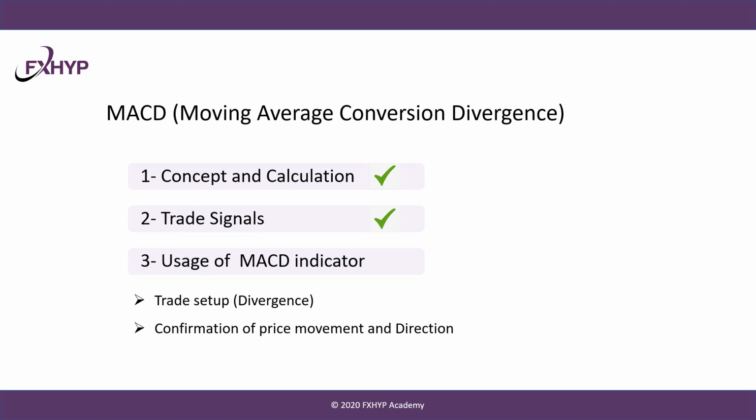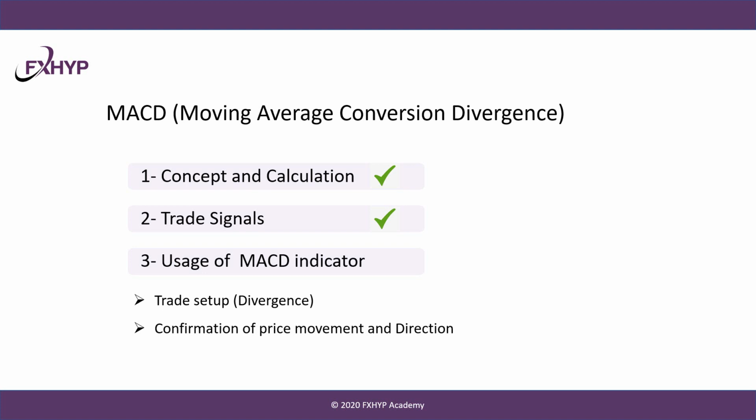Meaning what? Meaning, let me say it crystal clear. All the signals and the trade setups we're getting are not from any other indicators, not even from MACD. MACD helps us to confirm our trade setup, to confirm the price movements, to confirm the price action.